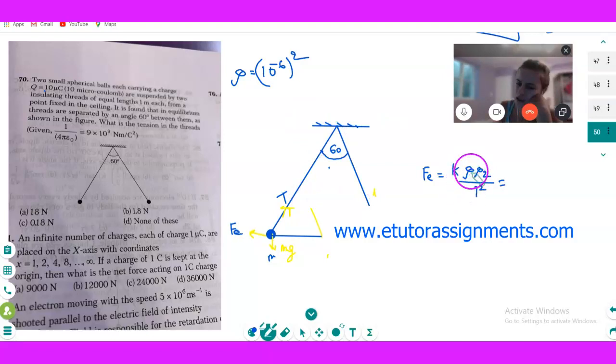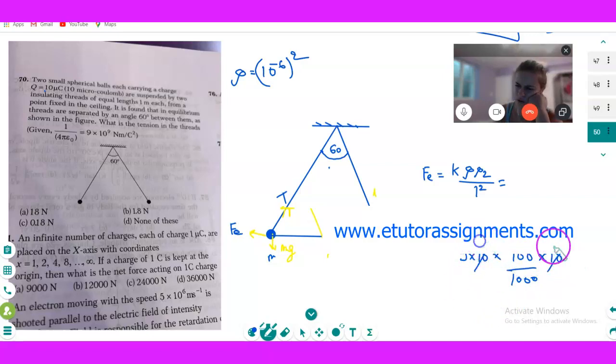Yes, electric force. Q is 10 microcoulomb, so it's 10 times 10 to the power minus 6. How did 90 come? Why did you divide?